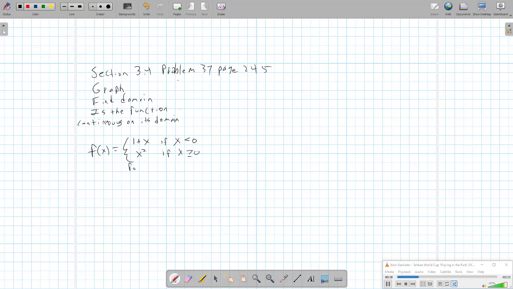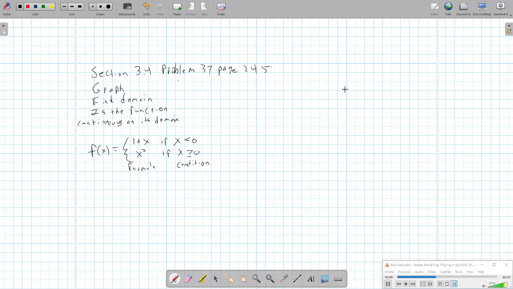So this is the formula. This is the condition. These are the pieces of the domain. For x values less than 0, we're using this formula, which is a line. For x values greater than or equal to 0, we're using this formula. So y equals 1 plus x for any x values less than 0, and y equals x squared for any x values greater than or equal to 0.